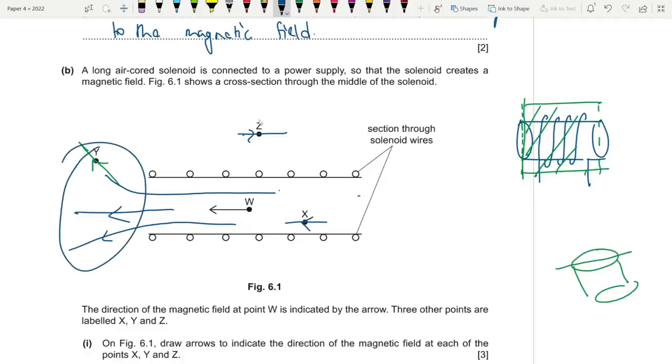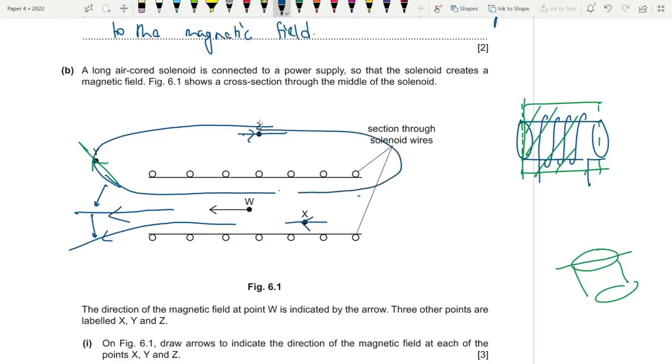If you compare this position and this one, the strength is determined by the difference in field lines. When it curls around, check out the difference between the field lines over here and here. Here it's not that far away from this field line, right? But here the distance is quite big.